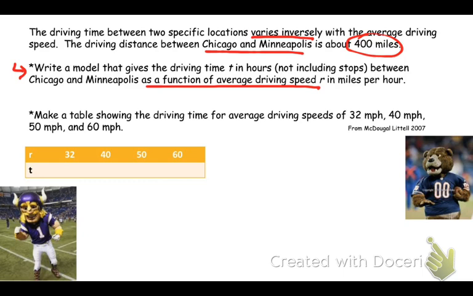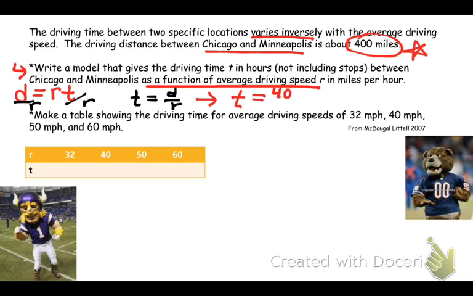So it's important to know that distance equals rate times time, and then we're going to go ahead and divide by r to isolate the t. So if I divide both sides by r, my new equation becomes t equals d over r. Remember they told us that we were driving 400 miles, so that's the distance. So now we know that it's t equals 400 divided by r, our rate of speed.